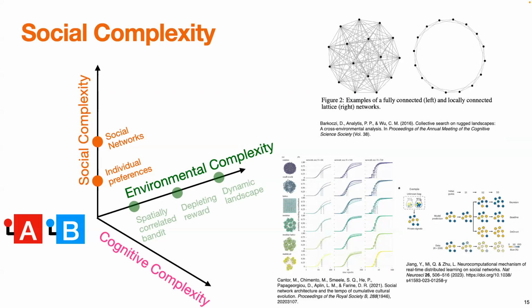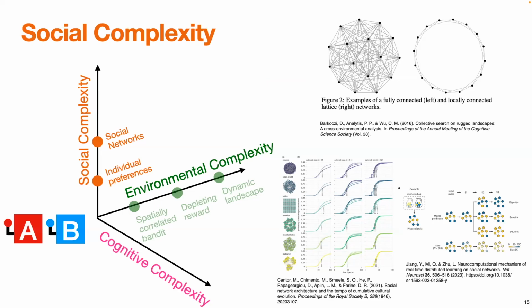Another type of social complexity would come from the social network structures. Many of the classic social learning models or studies tend to assume a fully connected network, where all individuals can see all other group members.